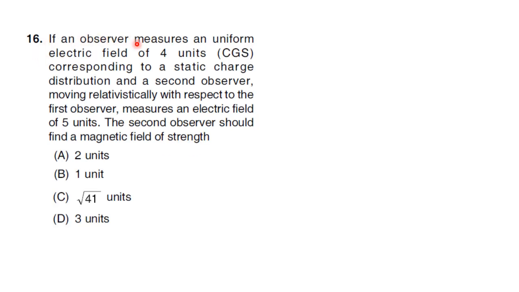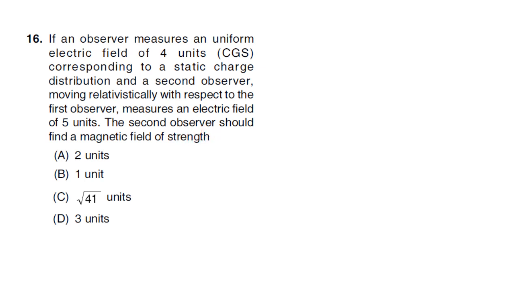If an observer measures a uniform electric field of 4 units in CGS units corresponding to a static charge distribution, and a second observer moving relativistically with respect to the first observer measures an electric field of 5 units, then the second observer should find a magnetic field of strength?